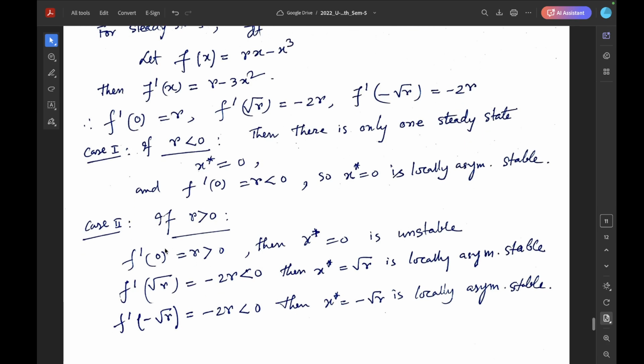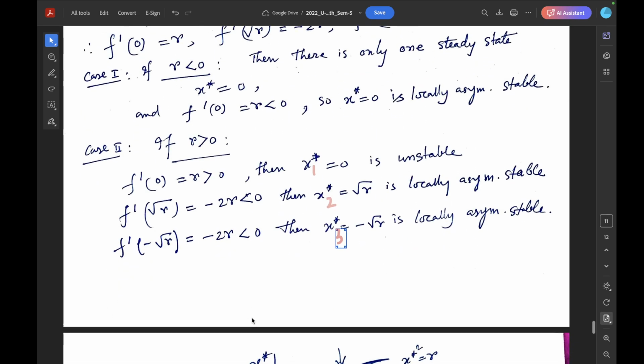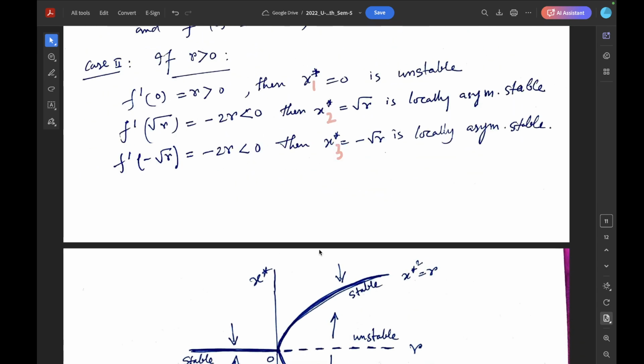Case 2, if r is greater than 0, then f dash 0 equal to r is greater than 0, so x star equal to 0 is unstable. F dash root r is minus 2r, less than 0. So we get x2 star equal to root r and x3 star equal to minus root r, locally asymptotically stable because f dash at minus root r is minus 2r, less than 0.